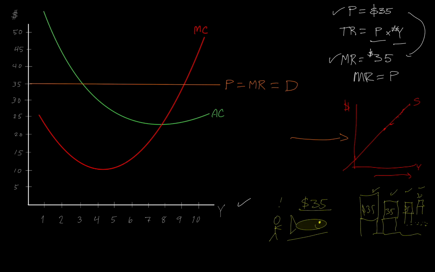So we'll revisit this in a little bit, but something to tuck in the back of your mind right now: the marginal cost curve for the individual firm in a perfectly competitive market does act as the firm's supply curve.